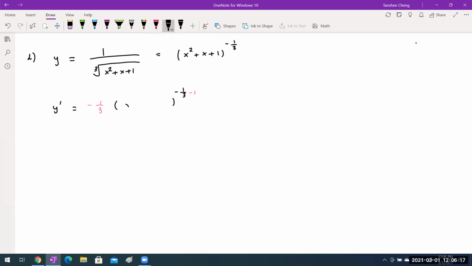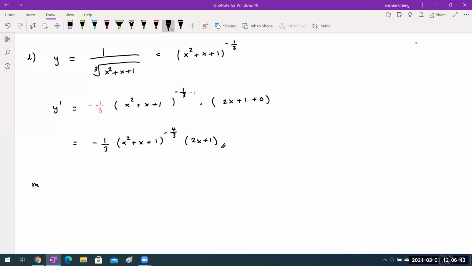And then the inner function is the same, so x squared plus x plus 1, and times the derivative of the inside function, which will be 2x plus 1 plus 0. Simplifying further, it will be negative 1/3 times x squared plus x plus 1 to the negative 4/3, and then times 2x plus 1. And that will be my final answer.